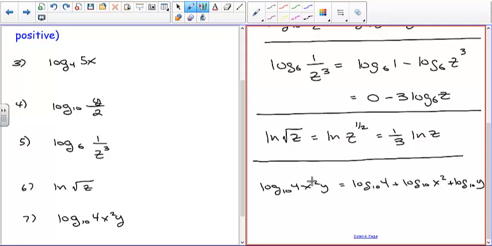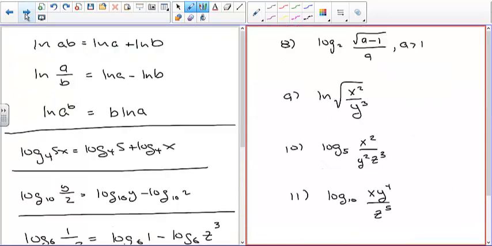Now, sometimes if you still have an exponent, which I do, you can then use the third rule to bring that exponent out. So the second term becomes 2 times log base 10 of x instead of log base 10 of x squared. The last thing stays the same because it's just y by itself, so there's not much you can do beyond that.